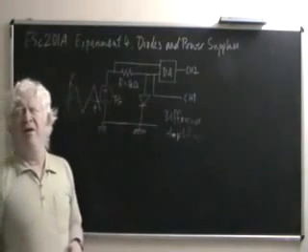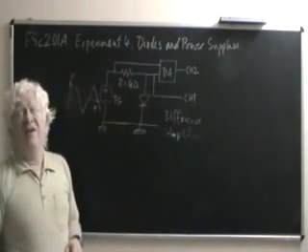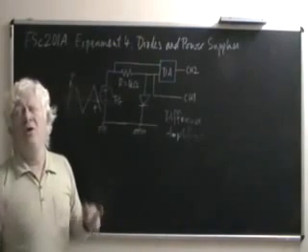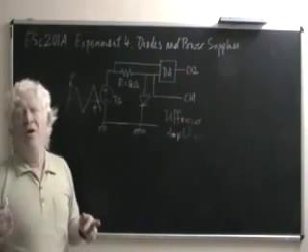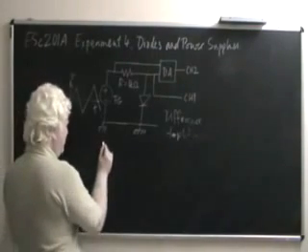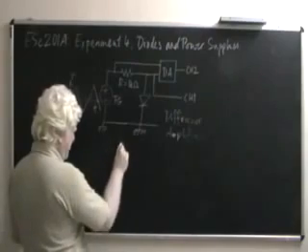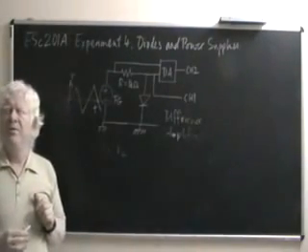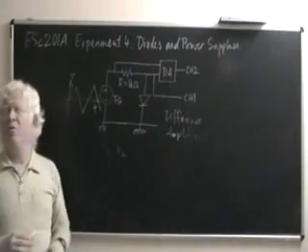The difference amplifier is a circuit which accepts two floating voltages, let's say V1 and V2. Neither of them is a ground voltage.